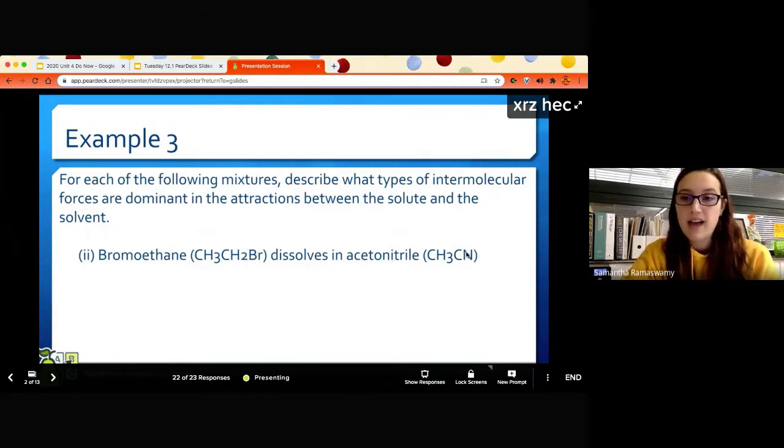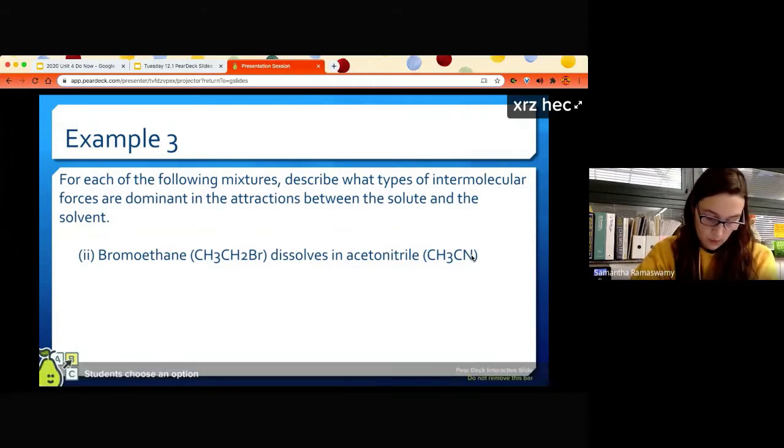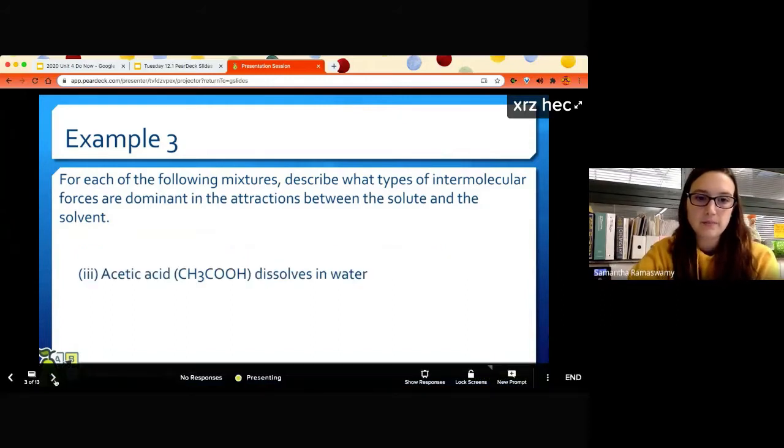In acetonitrile, you have this N, which is triple bonded to this carbon, and so this N is going to carry a much higher partial negative charge because it has a high electronegativity difference. So for part 2 of example 3, you should have chosen dipole-dipole forces. For part 1, we had dispersion. Part 2, we had dipole-dipole forces.